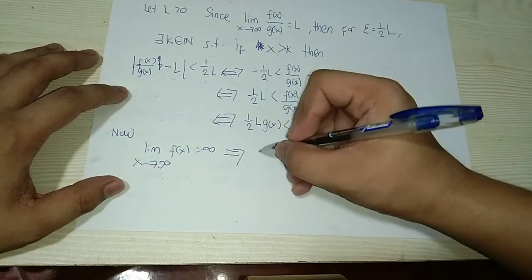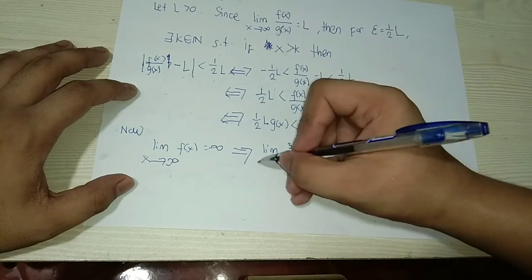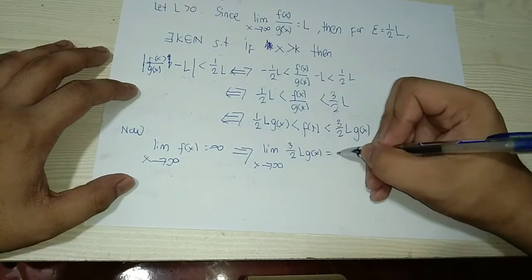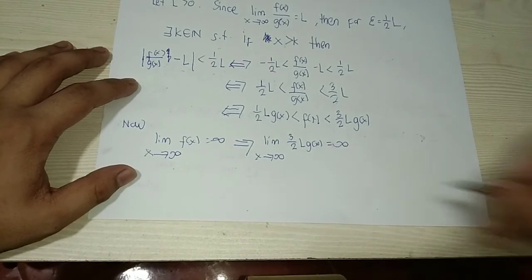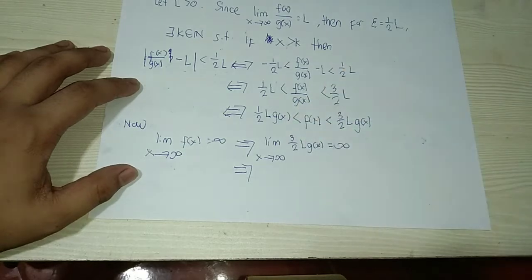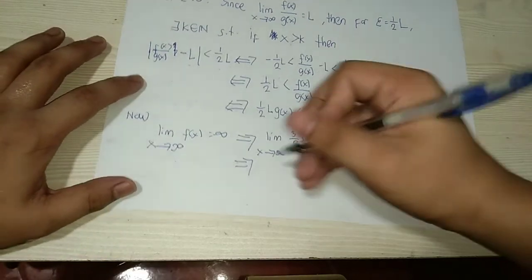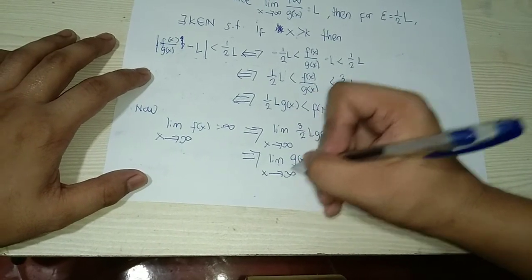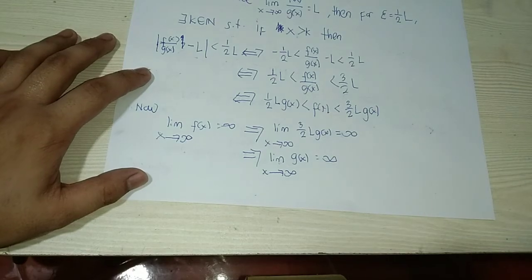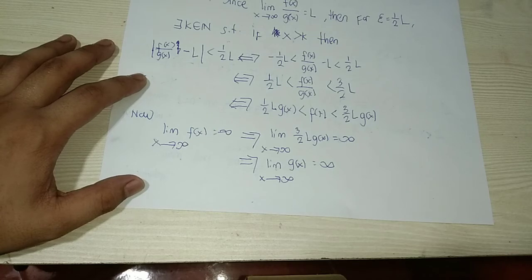So this implies that the limit of 3 over 2 L g of x as x approaches infinity is also infinity. And if the limit of 3 over 2 L, a multiple of g of x, approaches infinity, we are sure that the limit of g of x as x approaches infinity is also infinity, because it is a multiple of g of x.